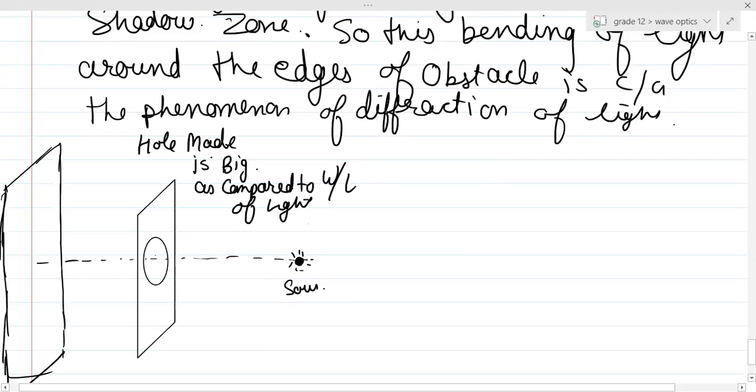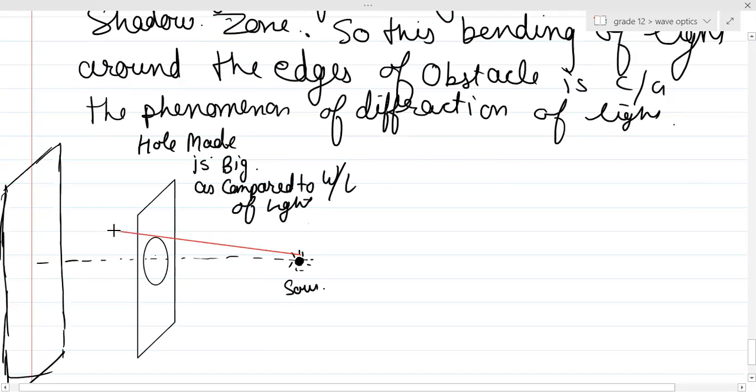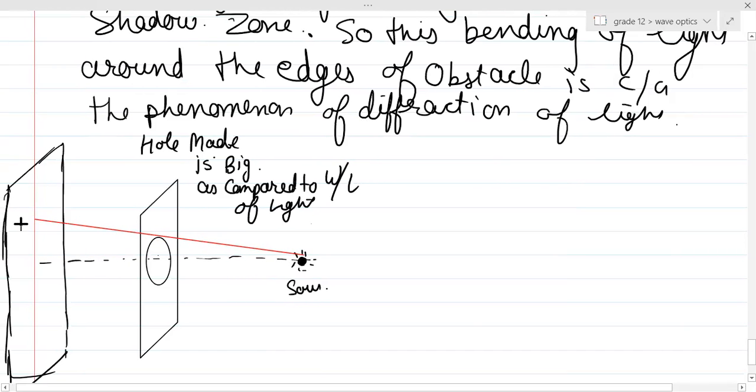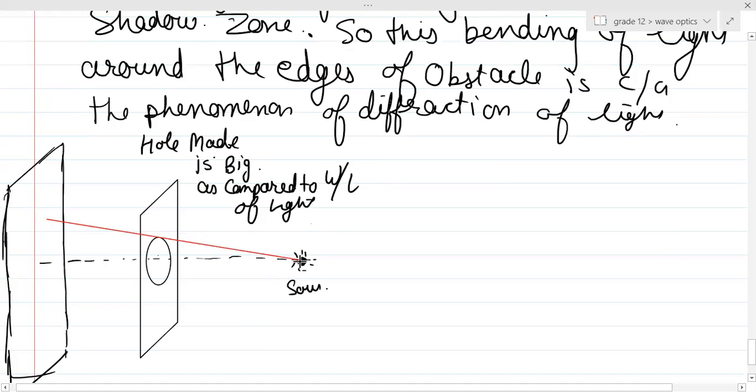This light ray will pass through the edge of the hole and it will look like this. And similarly, another light ray will pass like this.